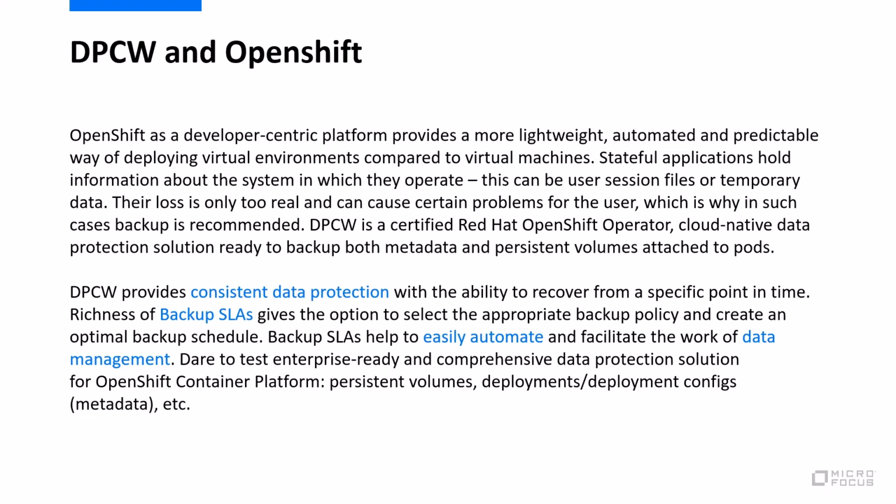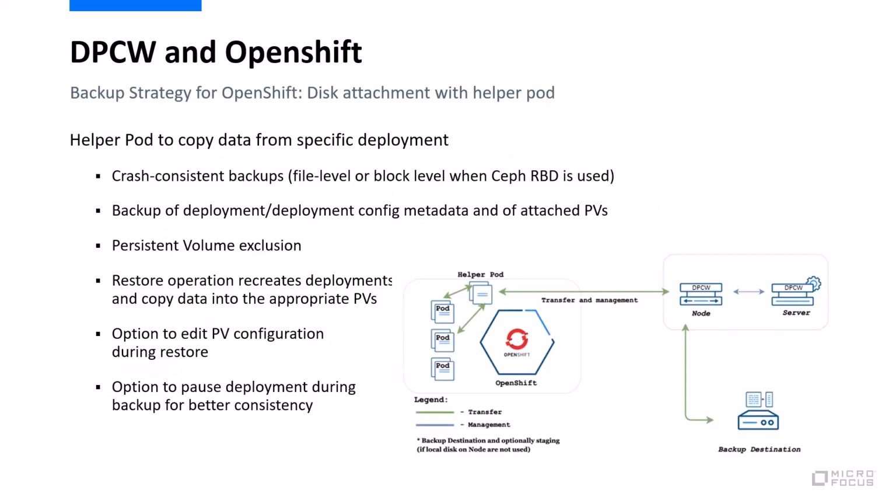Our customers are asking for backup SLAs to give them the option to select an appropriate backup policy and create optimal backup schedules. This is done in an automated way, and it supports the important way of data management. OpenShift has a certain internal structure, usually made out of a manager element and so-called helper pods that are used to address the data management of those containers.